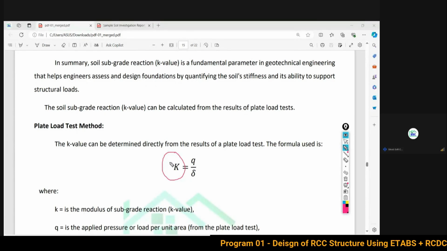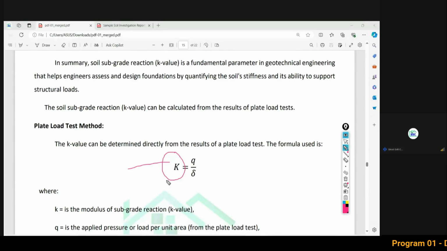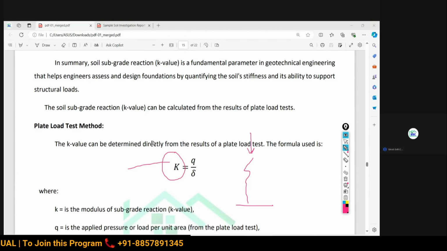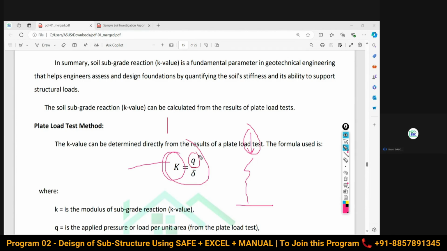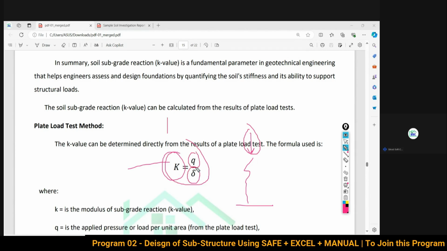The spring constant is again the stiffness, and stiffness is what? Resistance to deformation. But for the case of the spring, we are talking about a point load. For the case of foundation and subsoil study, we are going to apply an areal load. That's why this term changes to pressure, meaning areal load divided by settlement.